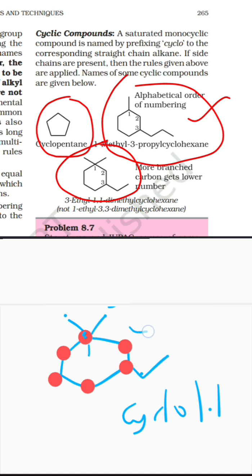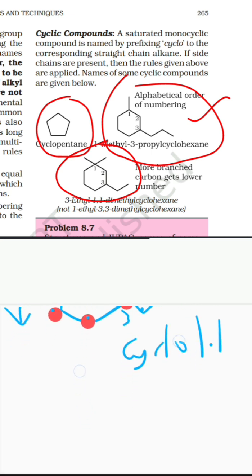So obviously it is 2, and we have to give numbering in that direction which gets lower numbers to the substituents. So in this direction, clockwise direction we have to give, so that ethyl gets 3. If anti-clockwise direction like this if we give, then ethyl gets 1, 2, 3, 4, 5. So we have to give the numbering in such a way that clockwise direction to get ethyl third carbon, that means number 3. So name of the compound is third position, ethyl is there.